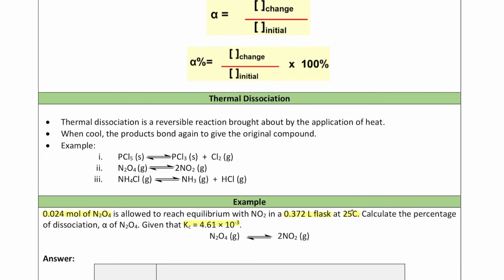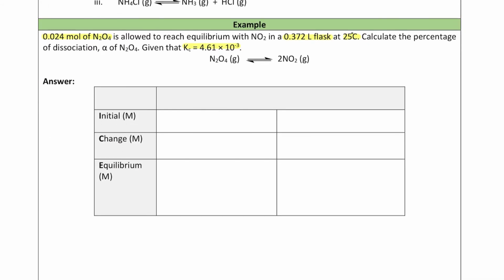Concentration change for N2O4. Lepas tu, concentration initial tak ada masalah sebab dia dah bagi 0.024 mole ni. Cuma kita kena tukar kepada concentration je lah. Dan kita akan dapat concentration initial. So, macam mana saya tahu this is mole initial? Sebab ini dia kata N2O4 is allowed to reach equilibrium. That means this data given adalah data initial lah. So, ini maksudnya kita kena buat table lah.